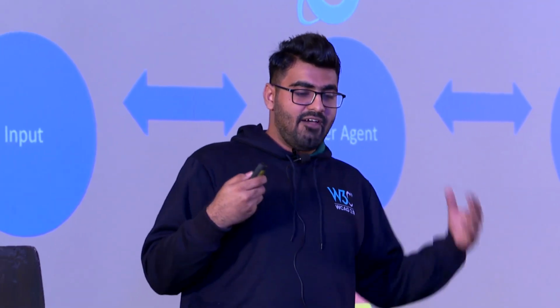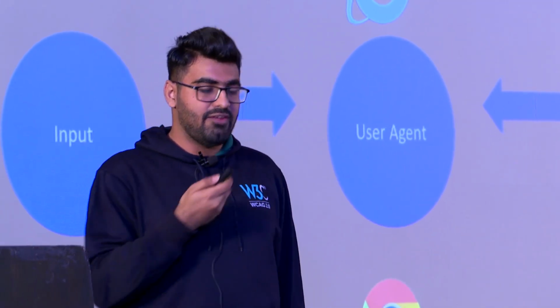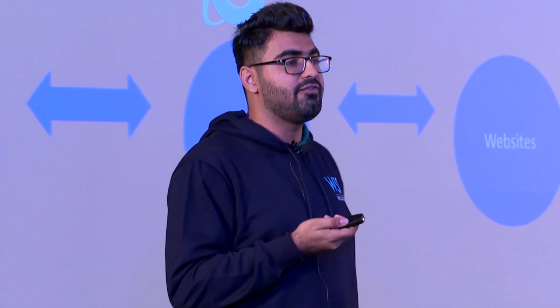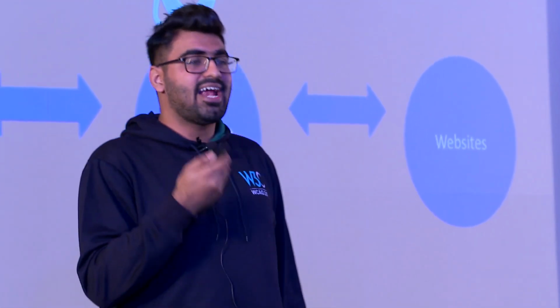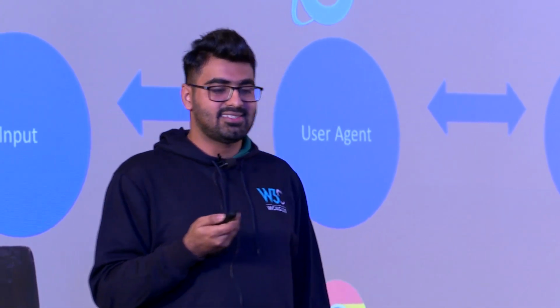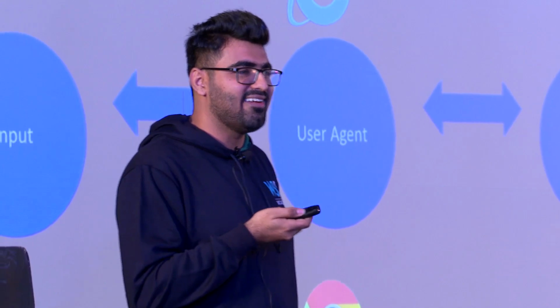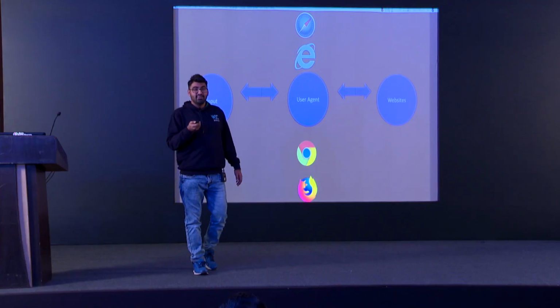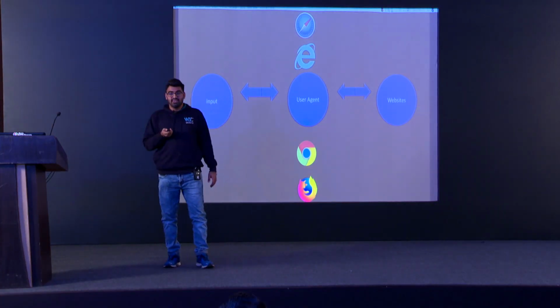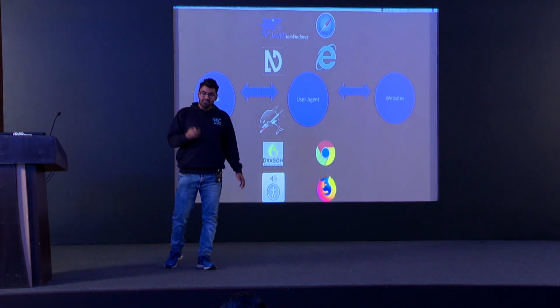So we have input and we have websites. Even if you are a CEO of a company, or a developer, when you understand user agents, you think it's just Chrome, Mozilla, Firefox. We don't even take care of IE, right? But the user agents are not only these. There are other user agents.